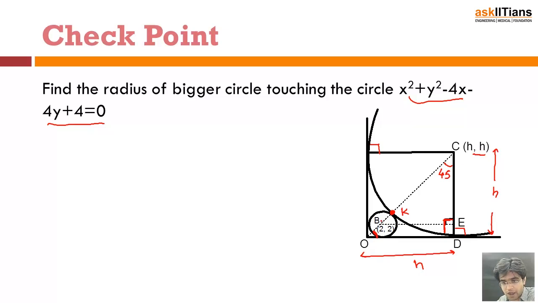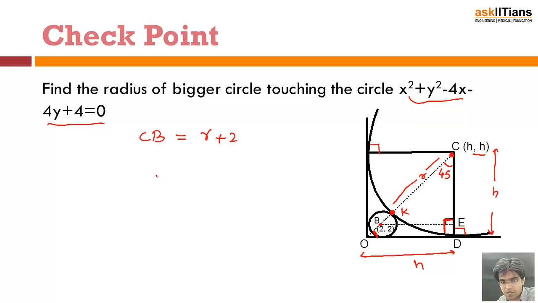We need to find CB, that is this length. CB is nothing but our radius, the desired radius R plus 2. This is point B, which is the center of the smaller circle. So CB is from here to here it is R, and then plus the radius of the smaller circle. CB is R plus 2.